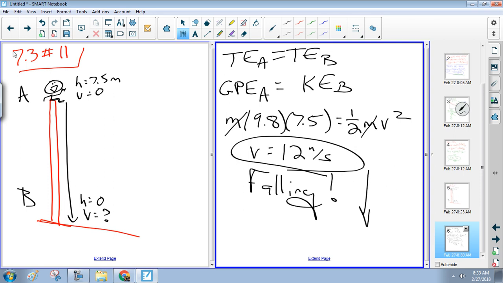Good? Notice the mass there did not matter, right? Okay, now, what if the telephone pole tips over?